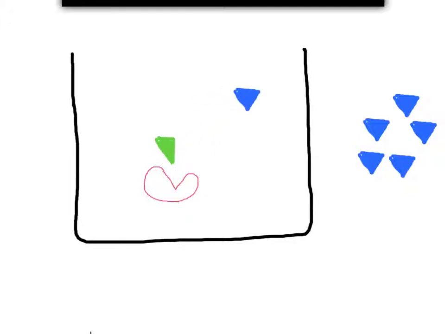Now, in a solution, these enzymes and these substrates and these inhibitors will all be moving around with a certain amount of kinetic energy, and in this case there is equal likelihood of this binding to that as there is this binding to that.